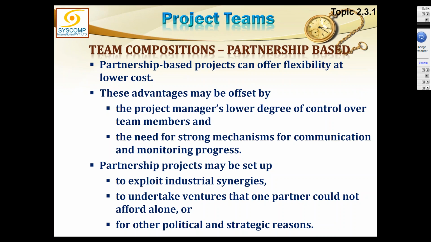Partnership projects may be set up to exploit industrial synergies, to undertake ventures that one partner could not afford alone, or for other political and strategic reasons. You see, when there is a huge, big project about to start in a country, they require a consortium of experts, some foreign experts, some local experts.